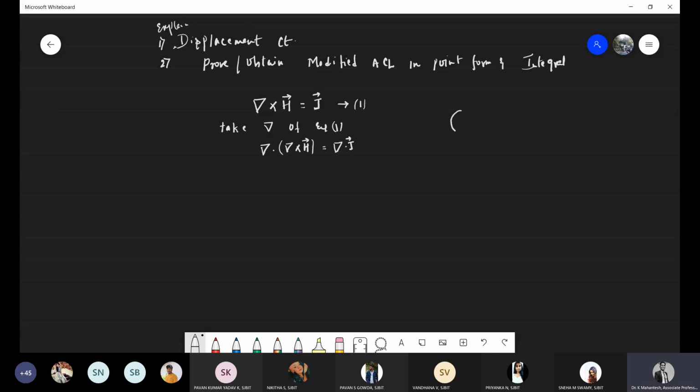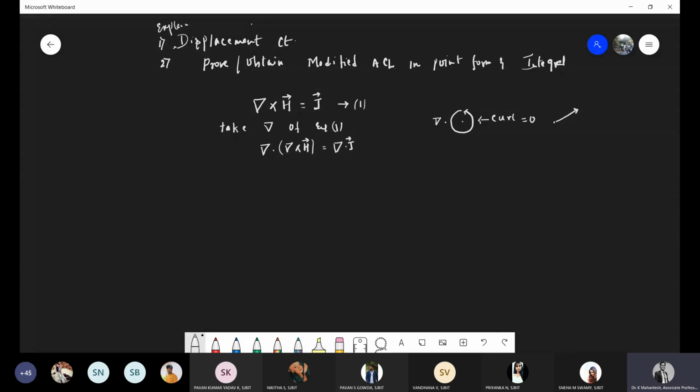Curl is a circular motion of a field. Will you have divergence of curl? What is divergence? Divergence from a point, if you have an arrow, is something which is leaving out from the point. Here there is no question of this arrow leaving out from any given point. It is rotating. So divergence of this curl will be equal to what? 0. So there is no divergence of this curl.